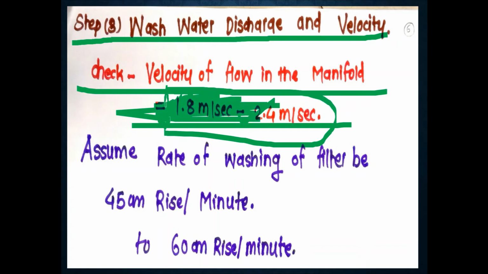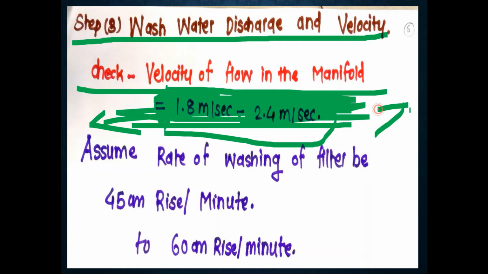The velocity which you have calculated should come within the range of 1.8 to 2.4 meter per second. It should not be less than 1.8, it should not be greater than 2.4.